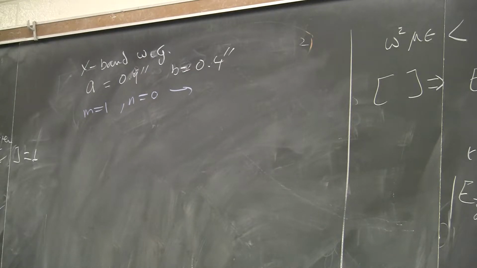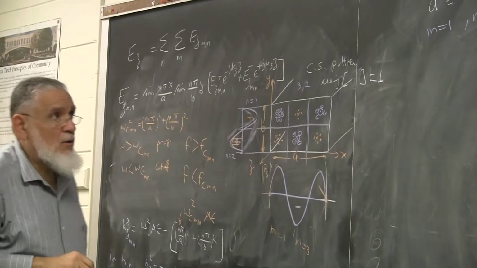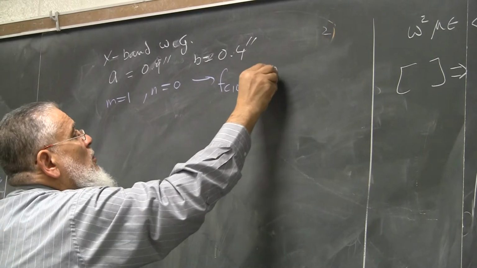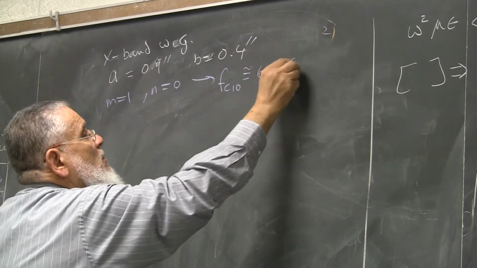All these numbers are known now. I can get f sub c. You'll find that f sub c 1,0 is approximately 6.5 gigahertz.